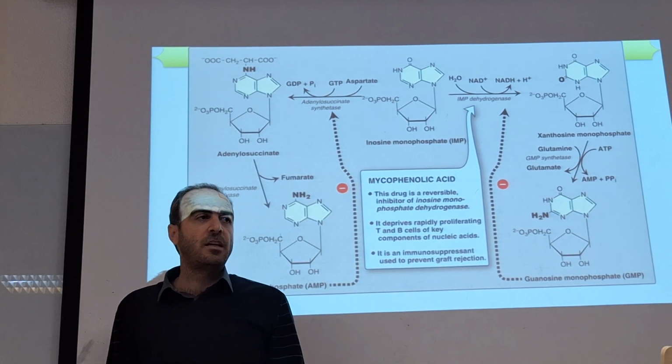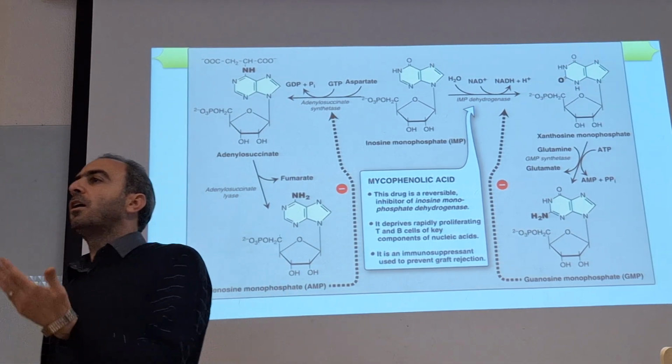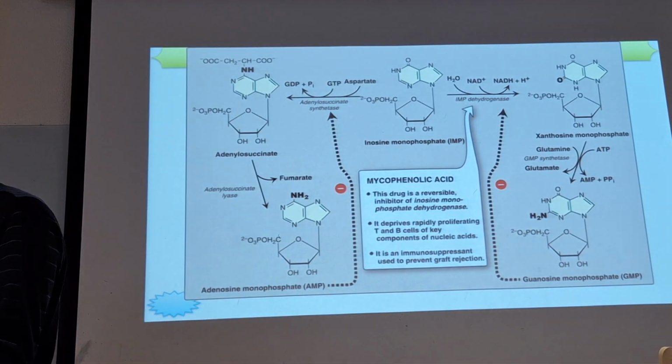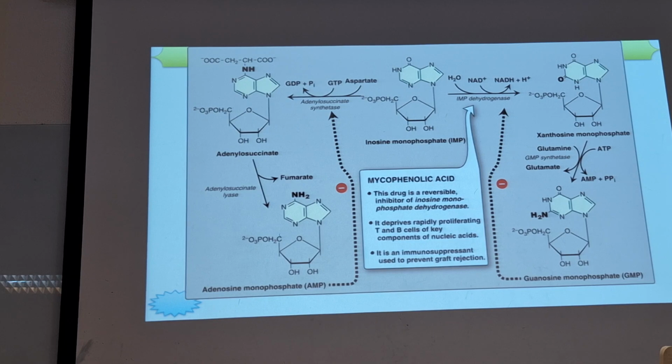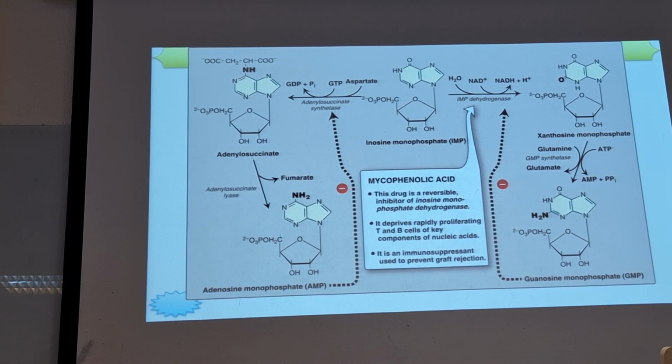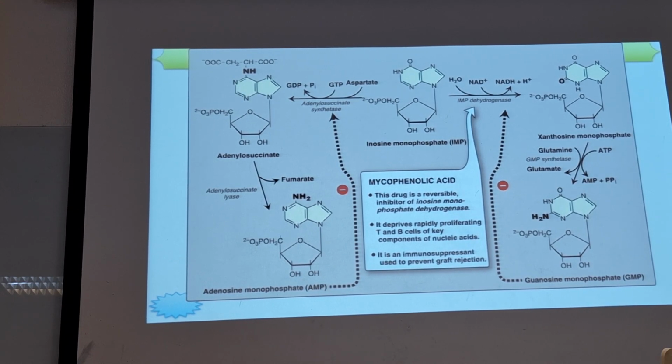Do they have side effects? Yes, exactly. All anti-cancer chemotherapy agents and immunosuppressive drugs have side effects. In which organ, in which tissue? The liver? Those tissues that have a high rate of cell replication, like our skin, hair, GI tract, and immune cells.